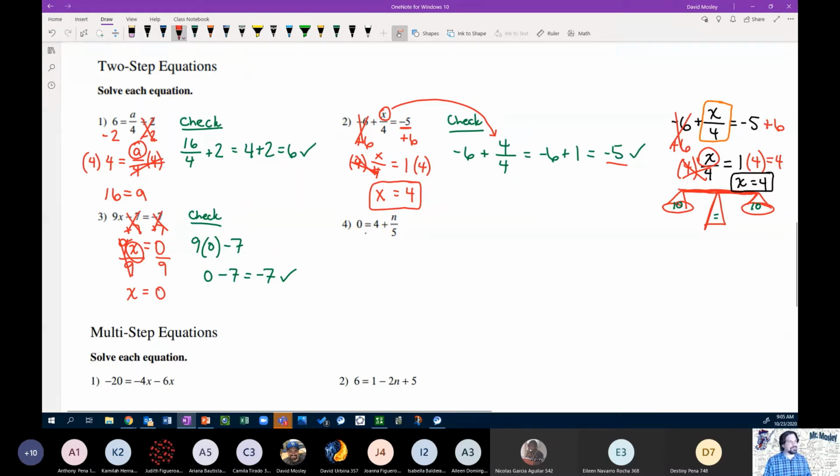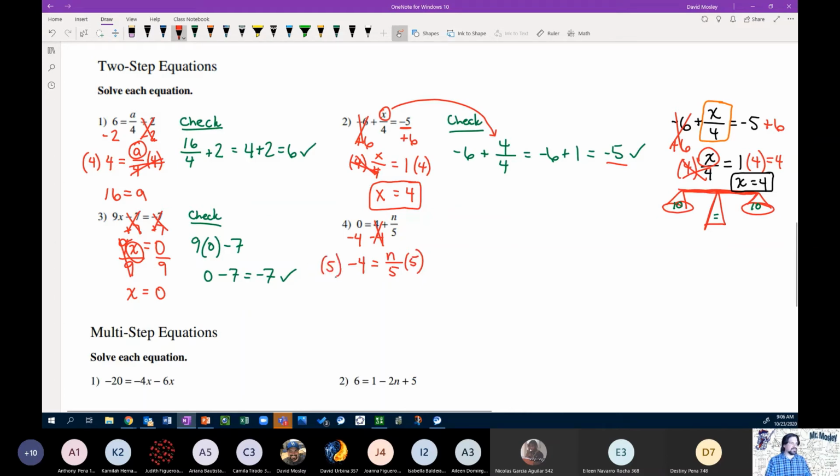Next, we have 0 equals 4 plus n divided by 5. So we're going to start by getting rid of our 4, minus 4, minus 4. The 4 goes away there. 0 minus 4 is negative 4 equals n over 5. We have to get rid of the division by 5 now that it's attached to our n. So to get rid of the division, we multiply.